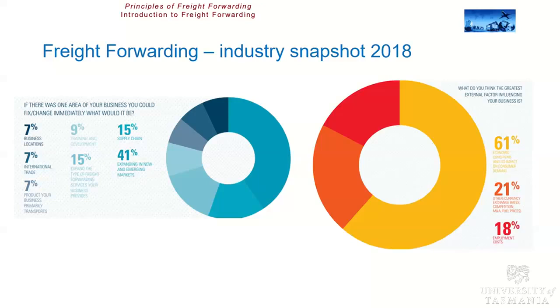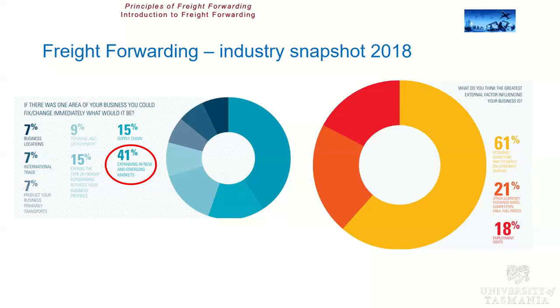Now, this last slide just highlights if there was an area of their business that they wanted to expand. So if you're a freight forwarder, how could you perhaps do business better? What they're saying here is that they would like to expand into new markets. That is the growth area for them as a freight forwarder.